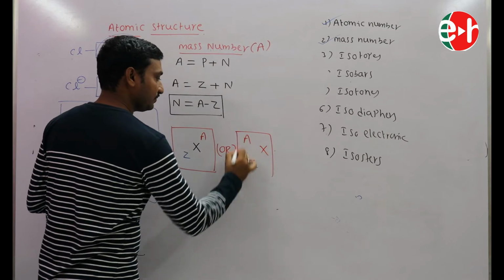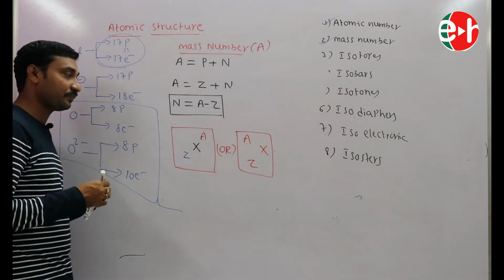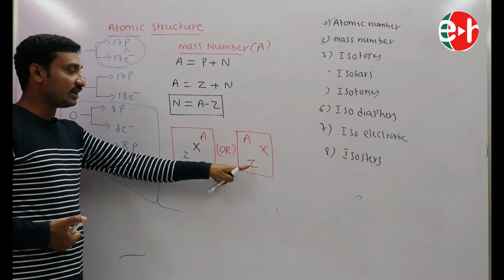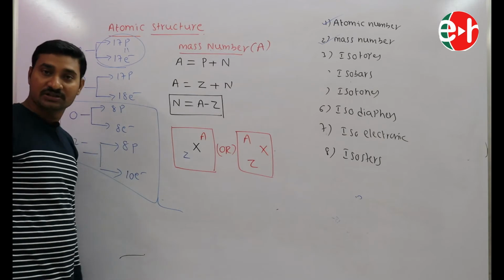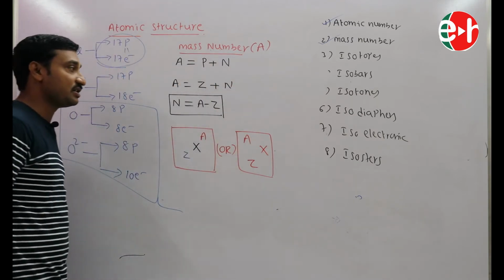This is also a notation, you can write it either way. Here Z is the atomic number, A is the mass number. Okay, so let us discuss some examples.